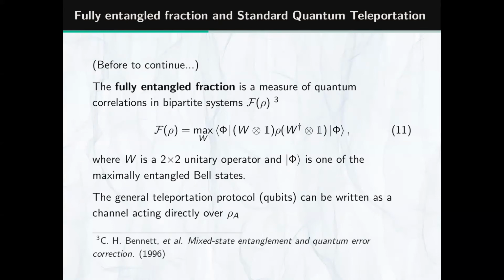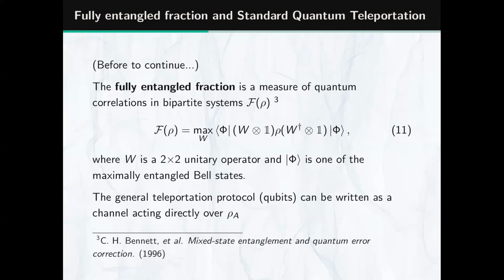It is defined as the optimization over unitaries. Here we have Bell states, and here rho is the bipartite state. In short, you look for a maximally entangled state which gives you the largest overlap, so maximal fidelity.